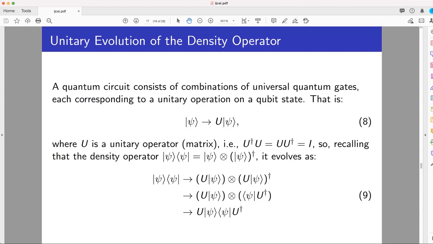That's quite important, because any variational quantum circuit is always a unitary operator. It's always a linear one instead of a nonlinear one.